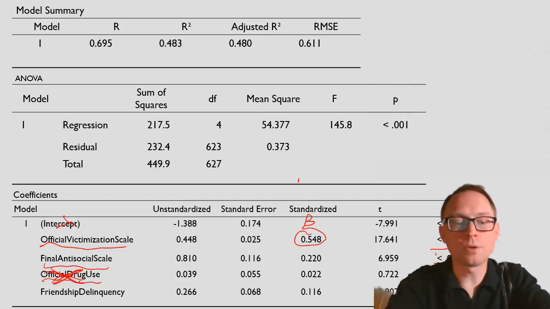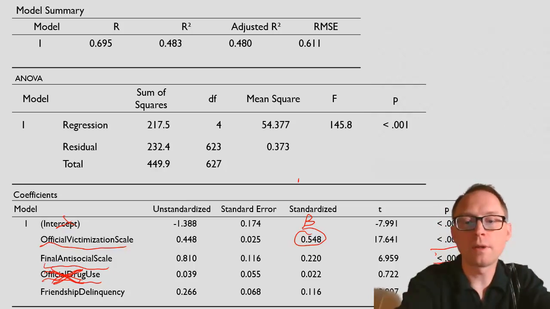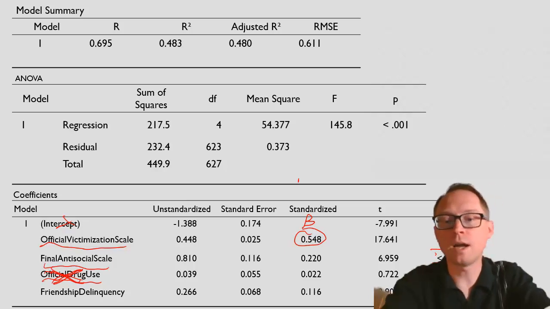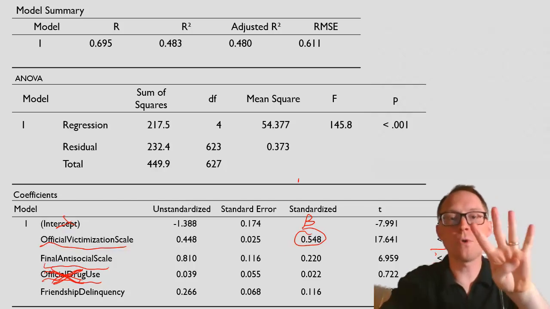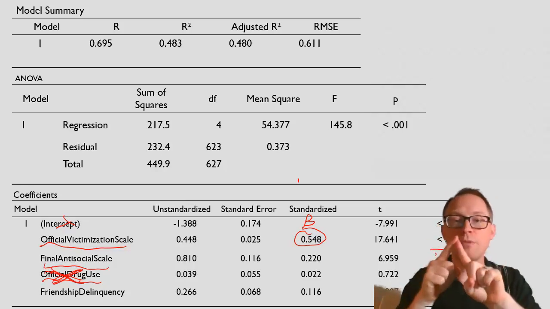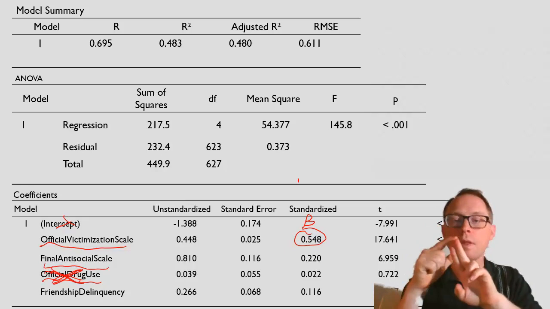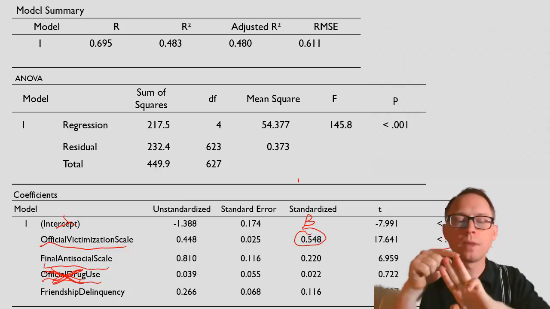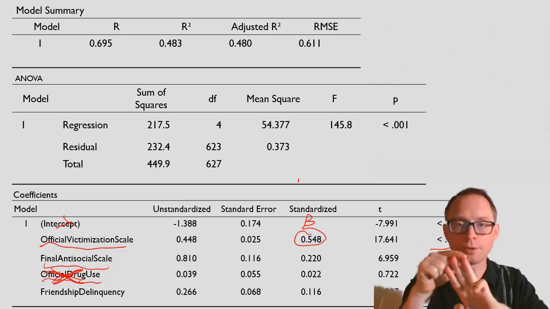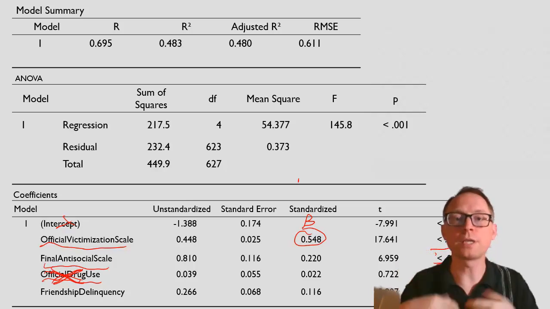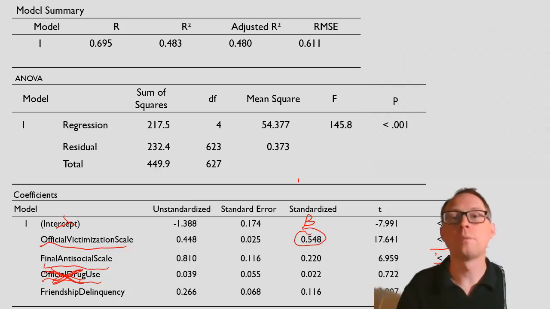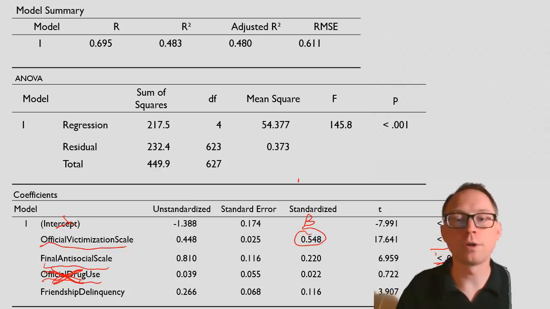What about how delinquent your friends are? Well, look at that right there. That's less than 0.05. So of those four, how much you've been a victim of bullying, how antisocial you are, and your friendship delinquency, how delinquent your friends are, those three things, independent of the other ones, predict whether or not you're going to be a bully yourself.